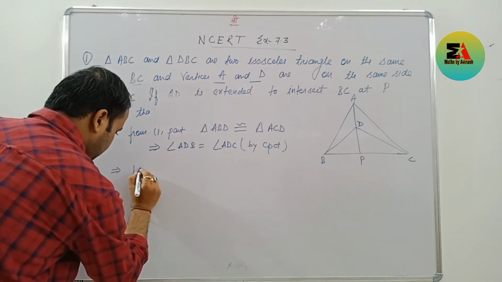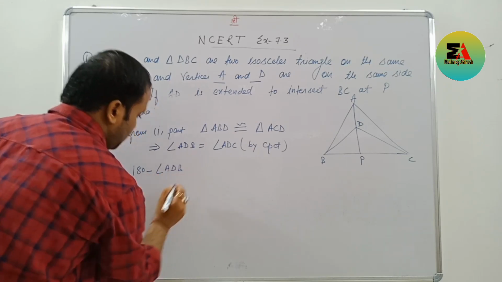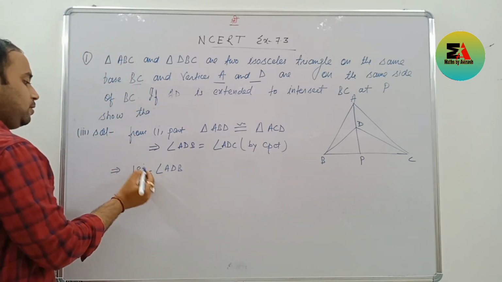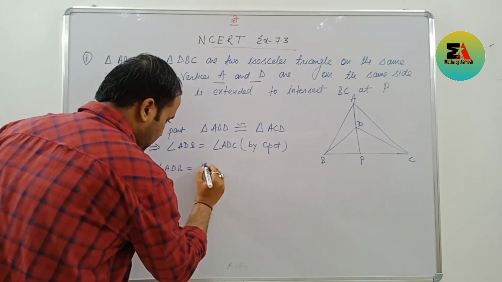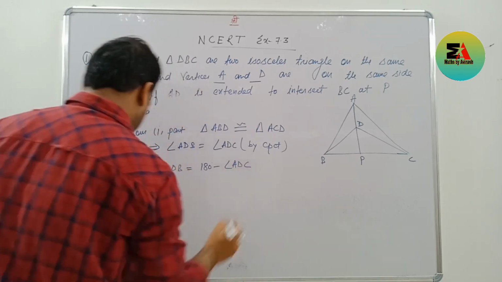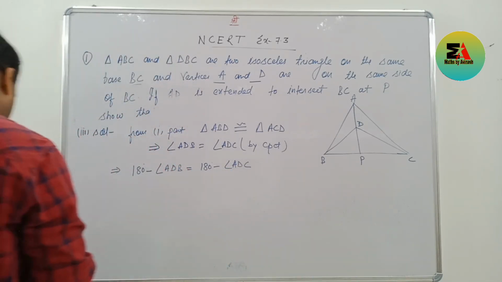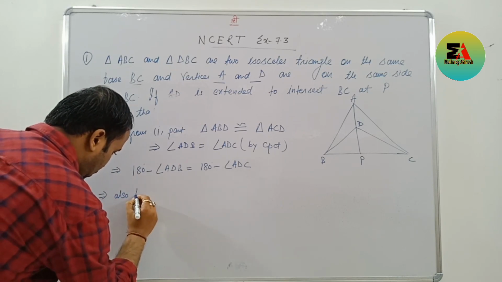We take 180 minus angle ADB. Whatever we do on the left hand side, we do the same on the right hand side: 180 minus angle ADC. Clear?